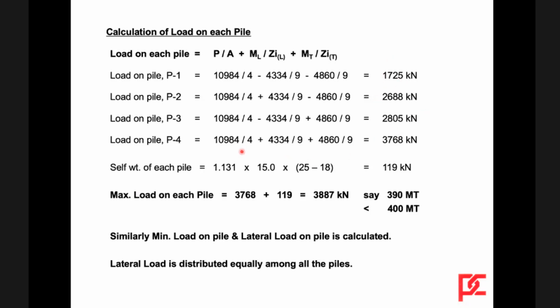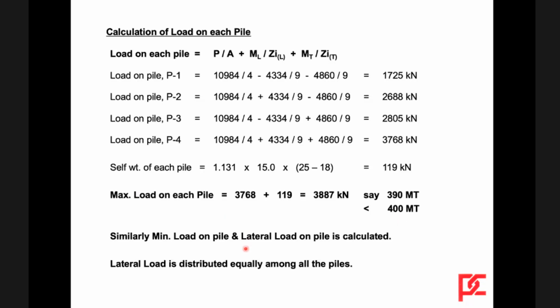And self weight of pile is also added, because the density of concrete is 25, and since this pile concrete is replacing soil, we have taken only the net weight of the pile over and above the soil weight which is removed. We have added this to the maximum load, which gives a maximum load of 3887, which is about 390 tons, less than the capacity of 400 tons.